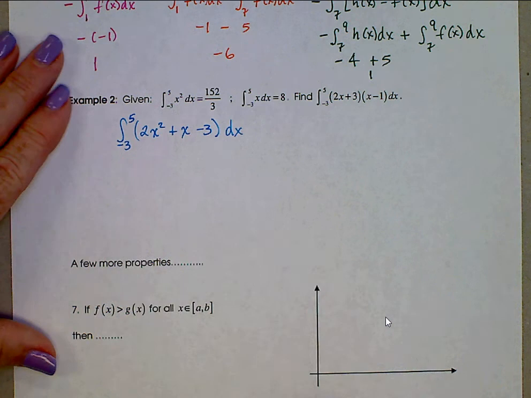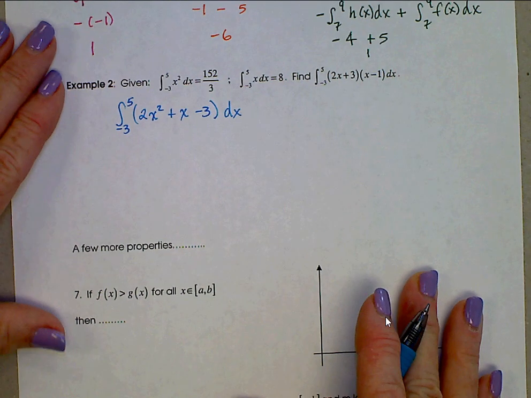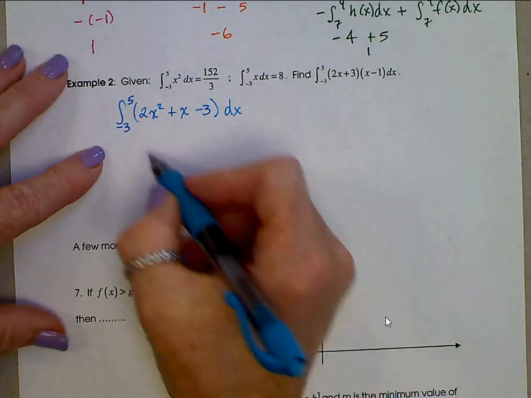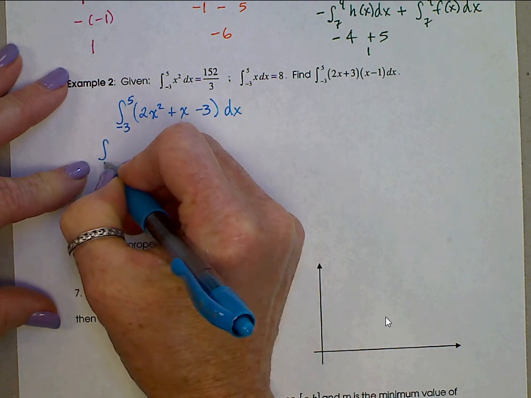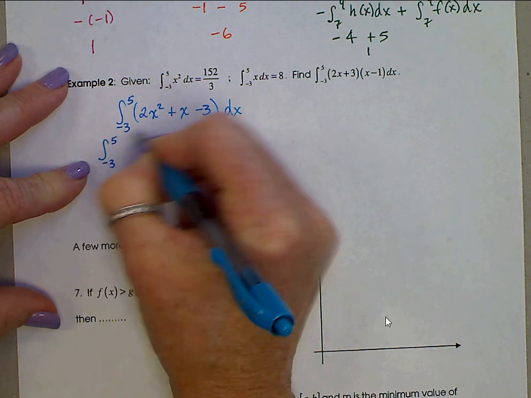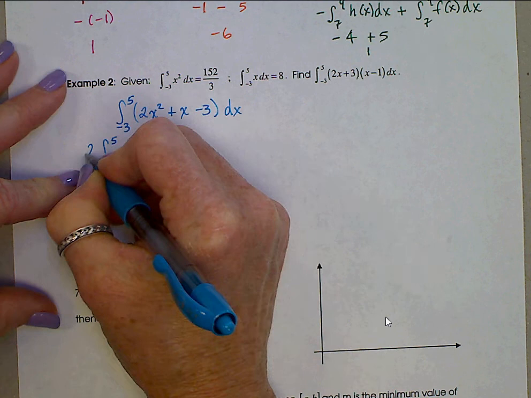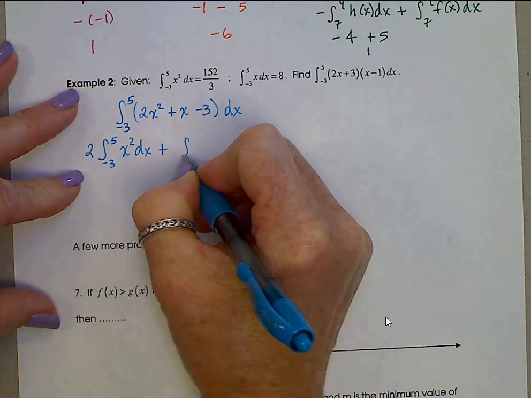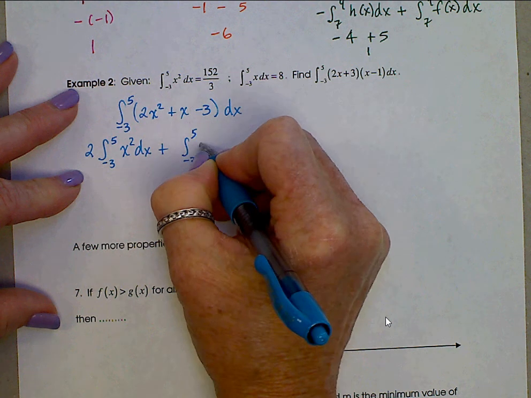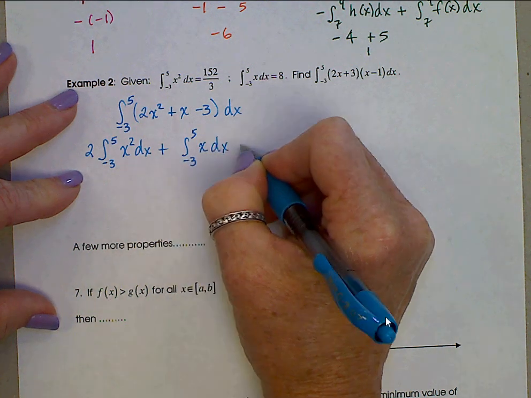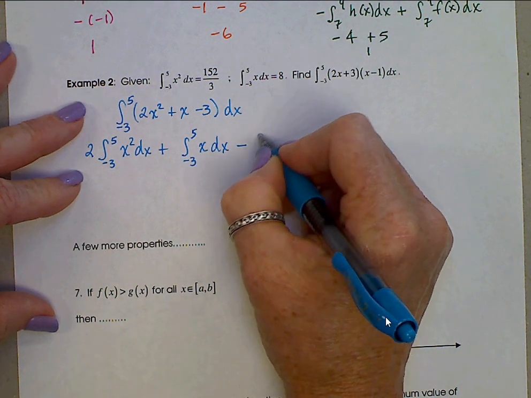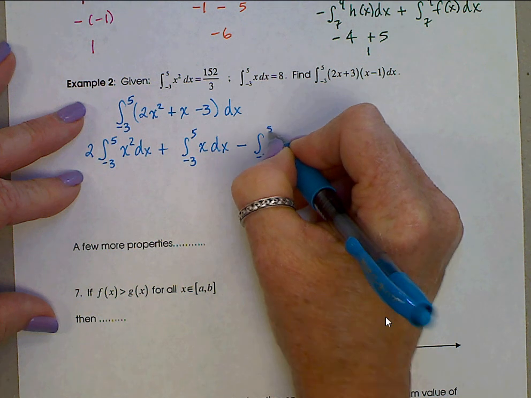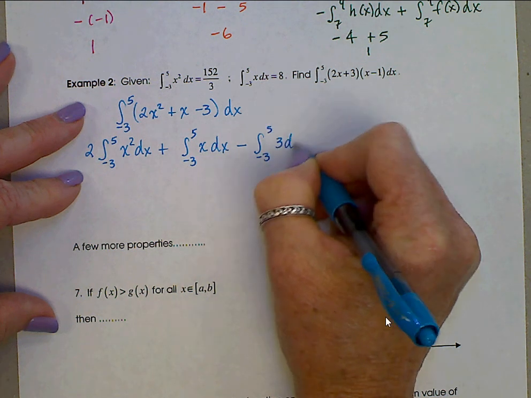all of that dx. Now separate, just like we did in the last several examples. We have the integral from -3 to 5 of this 2x squared, but I'm going to pull the 2 out front, plus the integral from -3 to 5 of x dx, minus the integral from -3 to 5 of 3 dx.